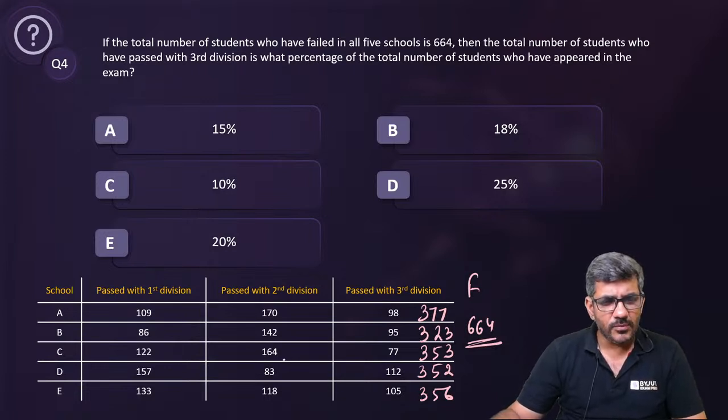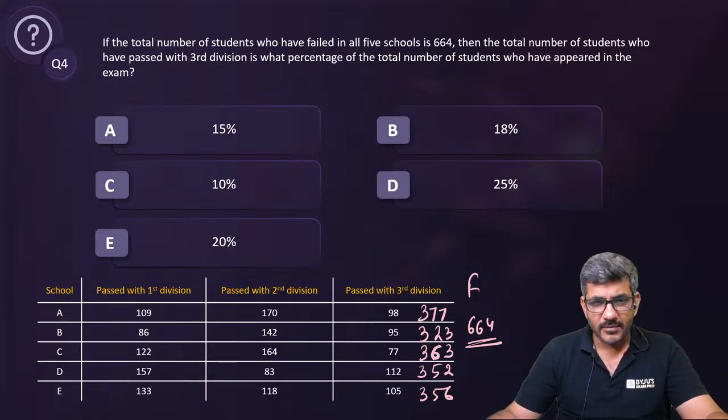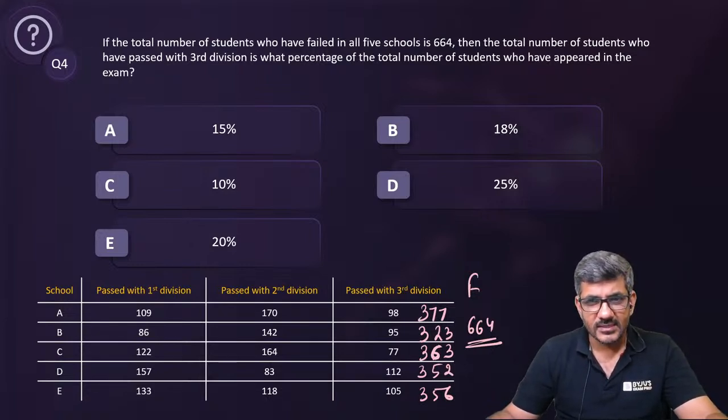This is 122 plus 164, it is 286. 286 plus 77, it is equal to 363. Right? I think this is 363. I hope all of them are correct now. 363 के अलावा बाकी सारी चीजें ठीक होंगी.